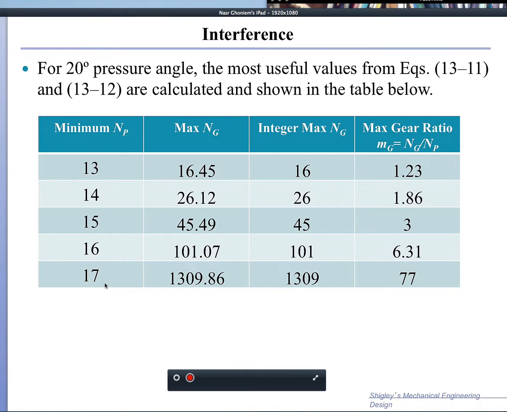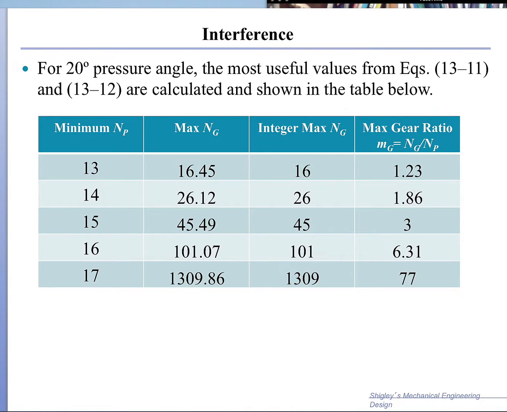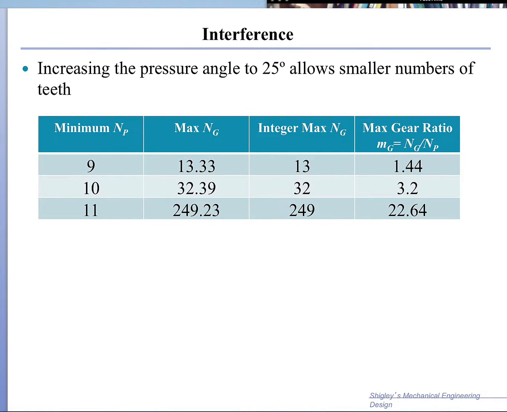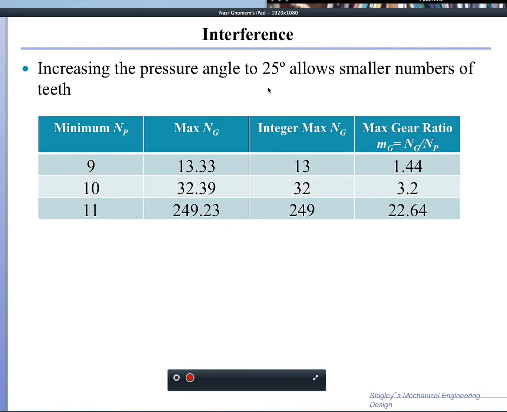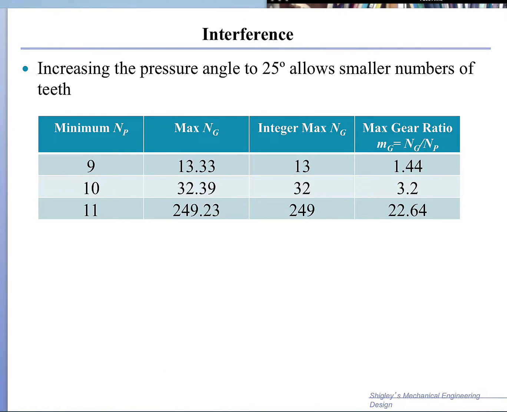Of course, if the pinion has more teeth, like 17, then you can get to a very high gear ratio of 77, and the large gear can have an enormous number of teeth, as you can see here, 1309. So these are considerations used to determine the minimum number of teeth, and correspondingly, if the pressure angle is changed to 25, you can look up this table, or you can use the previous equations to determine the number of teeth required.